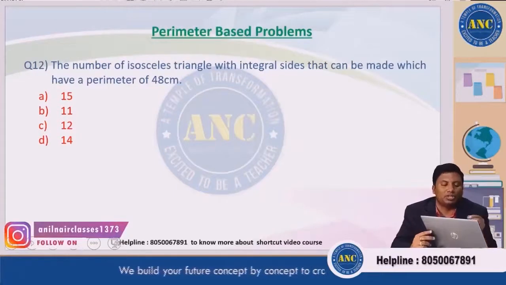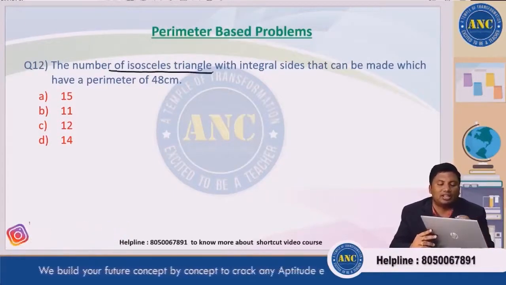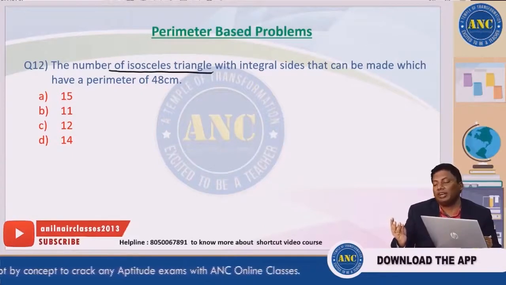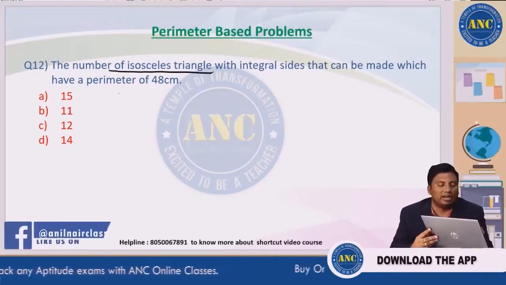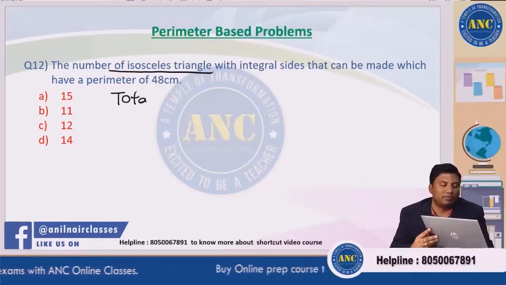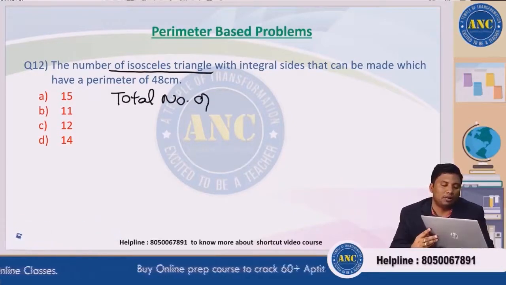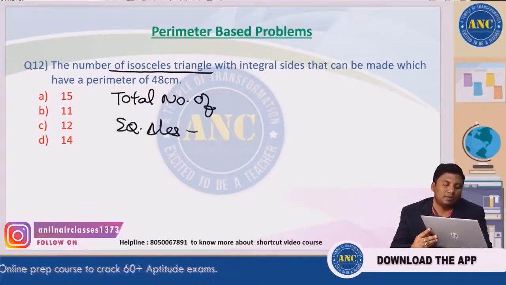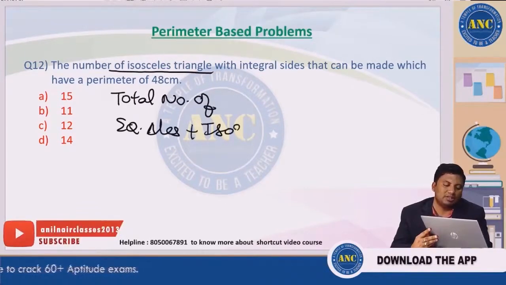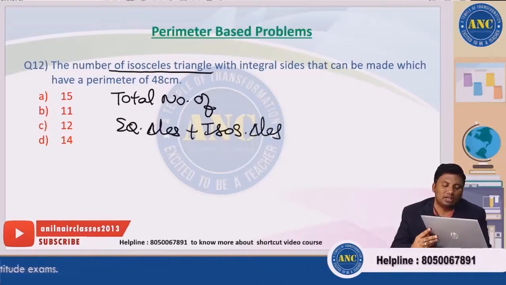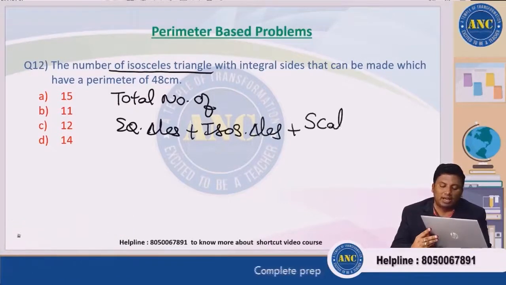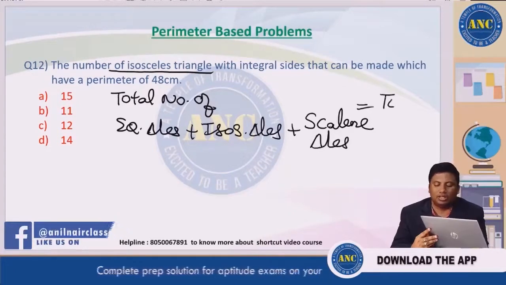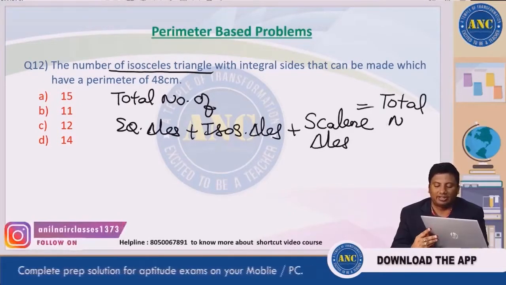Another beautiful question. Number of isosceles triangles. We did equilateral triangle, scalene triangle, total triangle. So we write total number of equilateral triangles plus isosceles triangles plus scalene triangles, which is nothing but total number of triangles.